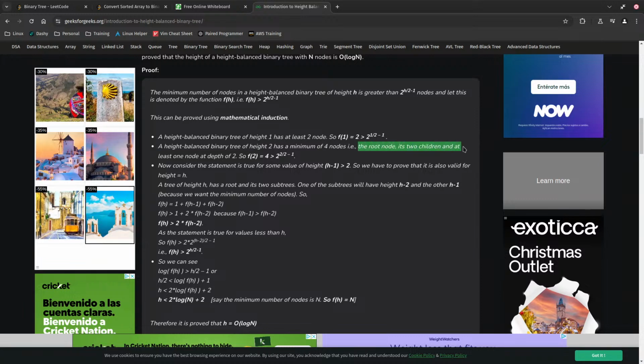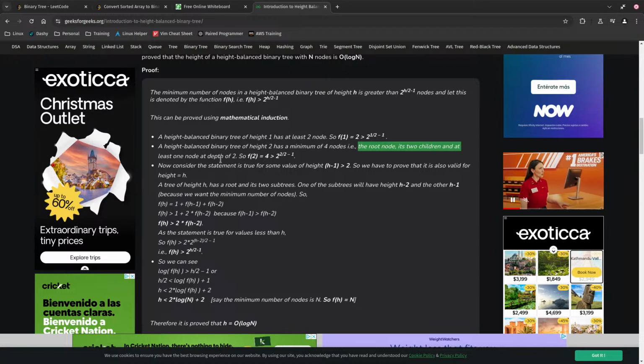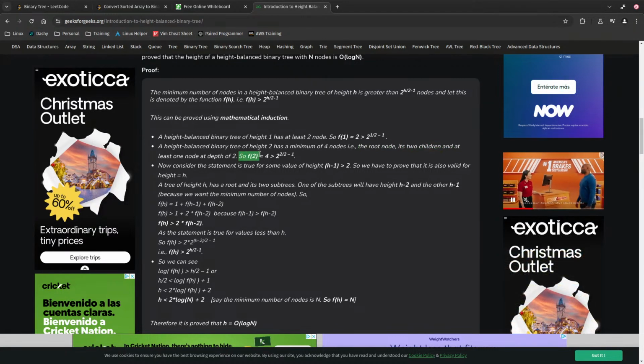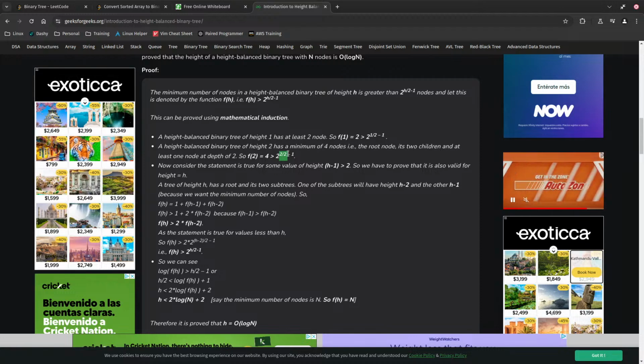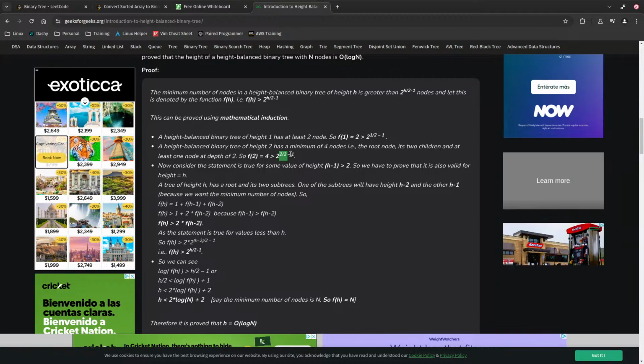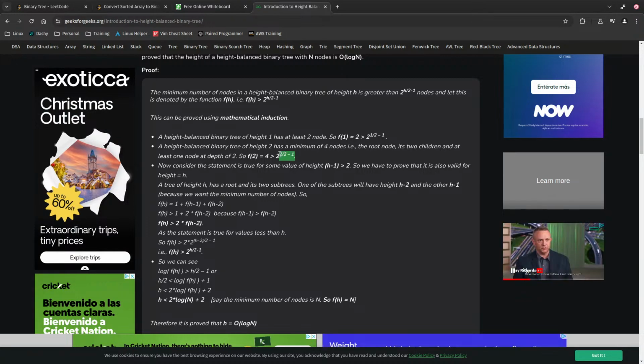The root node, its 2 children, at least 1 node at depth of 2, so 4 is greater than 2 to the power of 2 divided by 2, minus 1. 2 divided by 2 is obviously 1, minus 1 is 0, 2 to the power of 0 is 0.